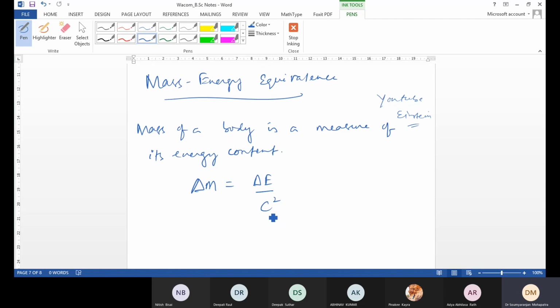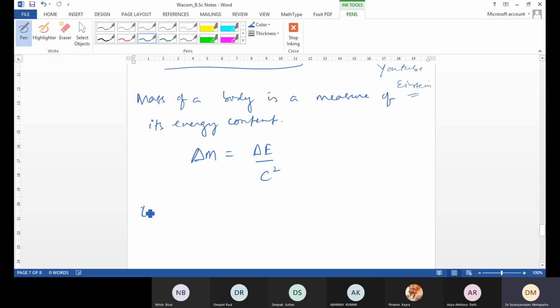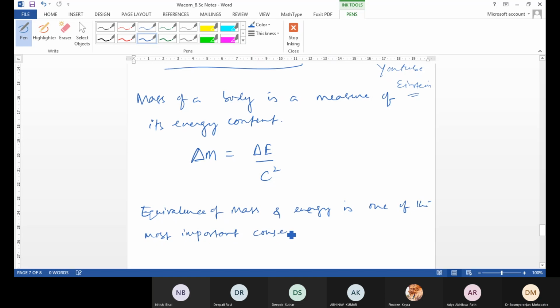So what we understood here is that the equivalence of mass and energy is one of the most important consequences of the special theory of relativity.